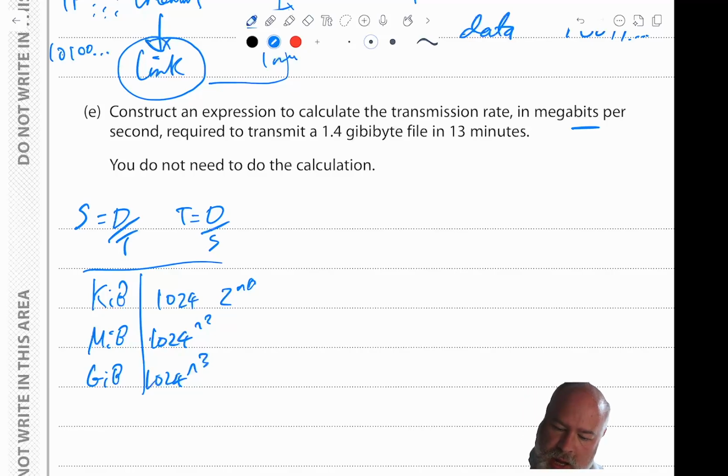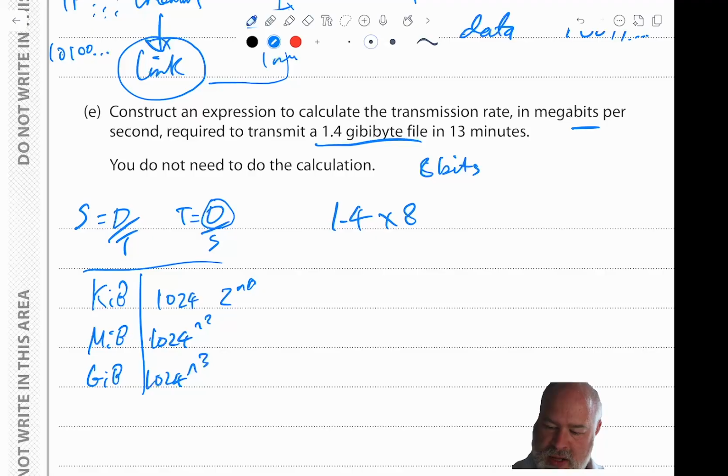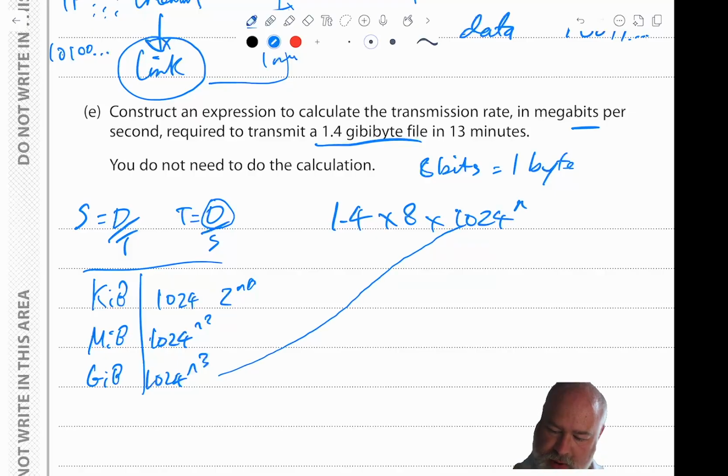So to get the distance, the size of the file, we need 1.5. Because we're in bits per second, we want to times by 8 because there are 8 bits equals 1 byte, which we've seen already, and then times that by our 1024 to the power of 3.